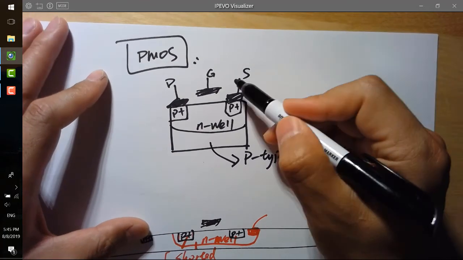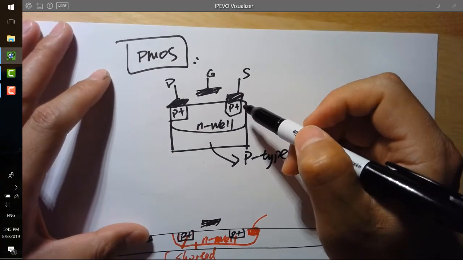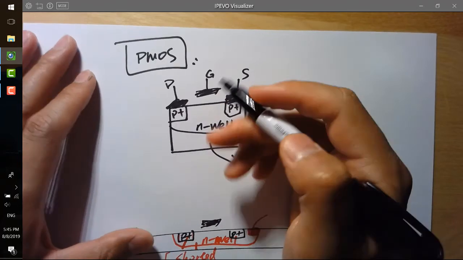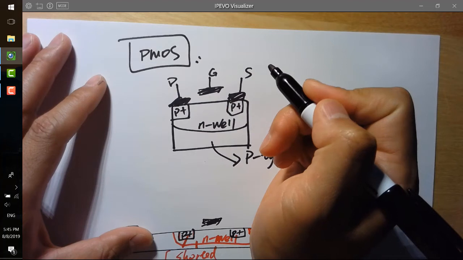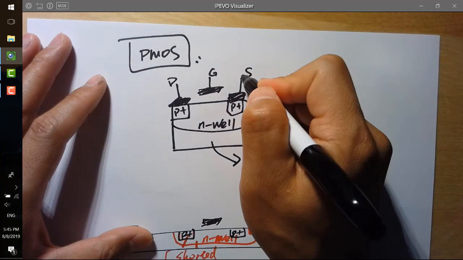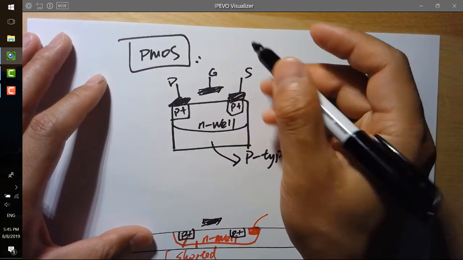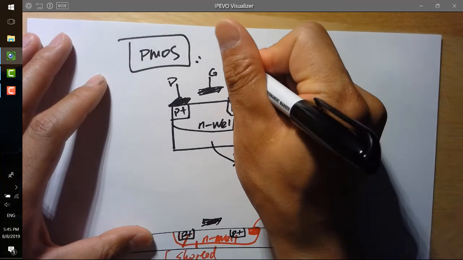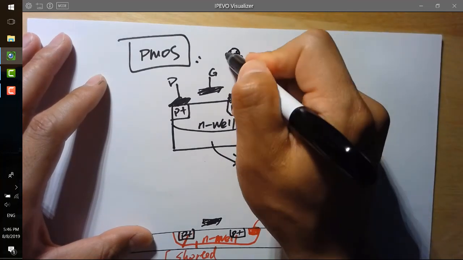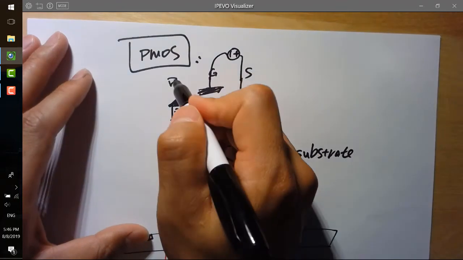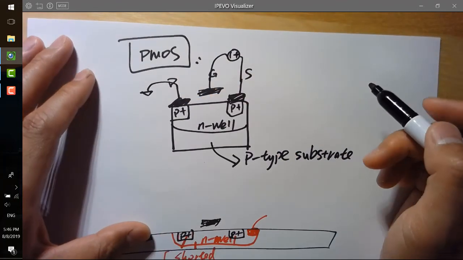And the way we make current flow through the channel is when people connect the source to a higher voltage. You have a voltage source here, and for example, we ground the drain.